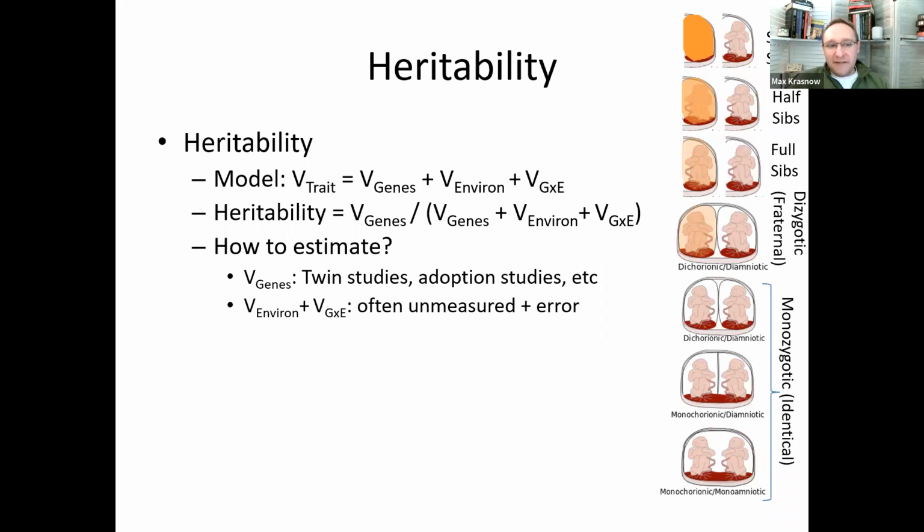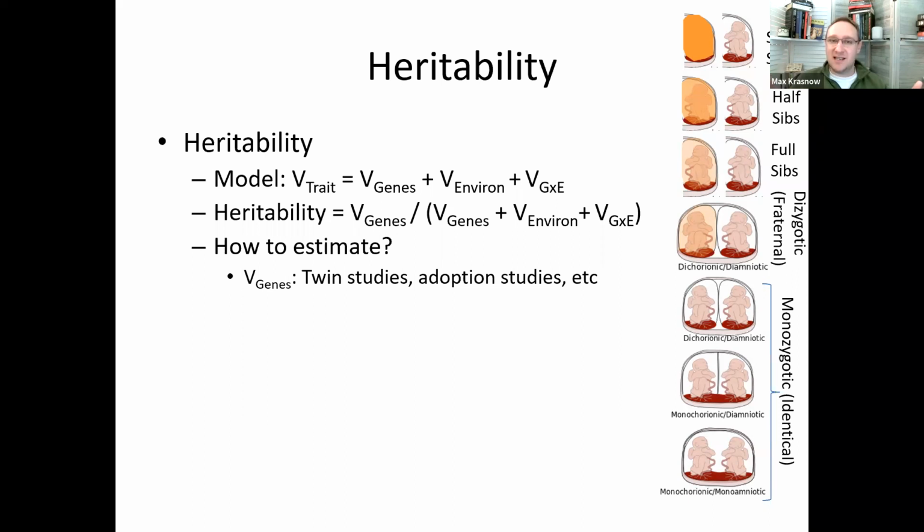Now, often, that's the thing that people are most interested in, that variance due to genes. And that's the thing that they try to get the most precision in their estimate for. And if you think about the overall component, variance in the trait, that's the thing that's the easiest to see, because you don't have to look at what caused what.